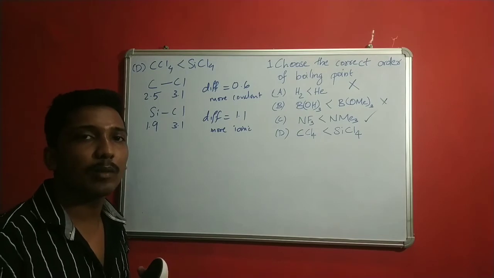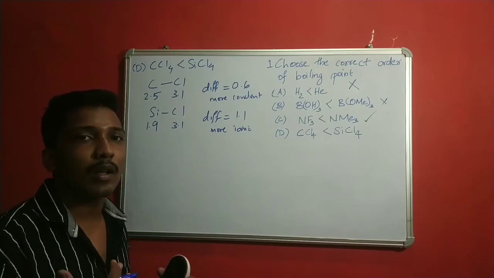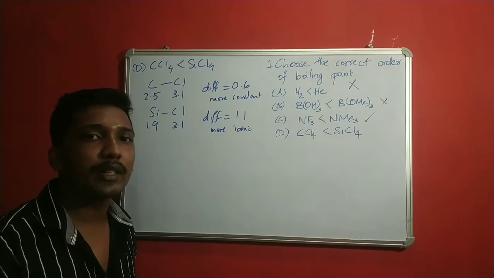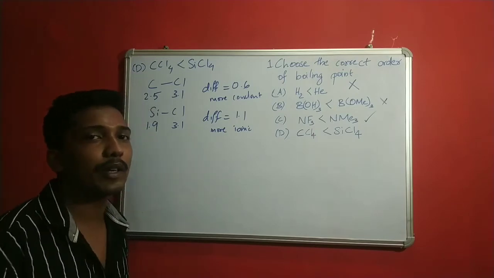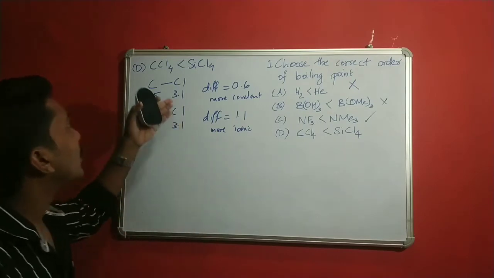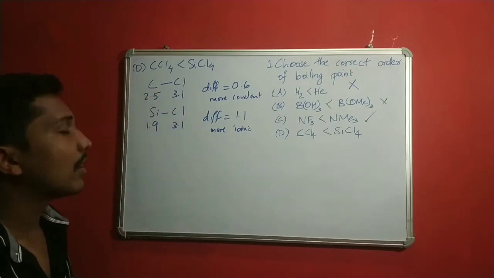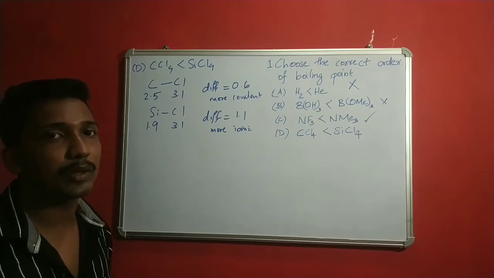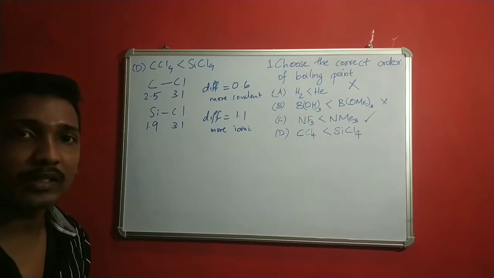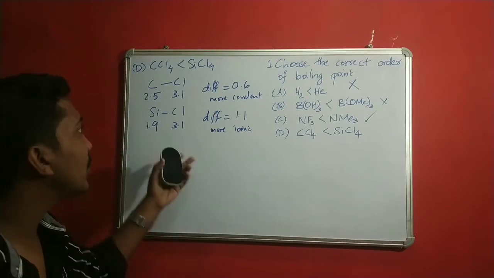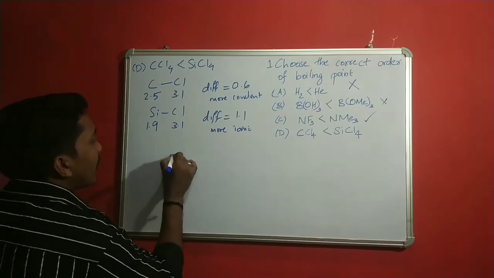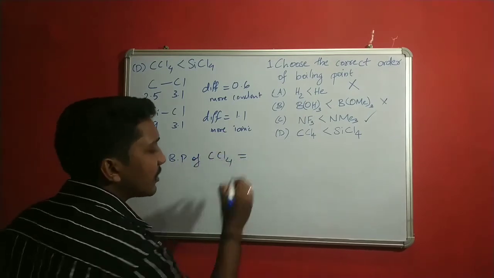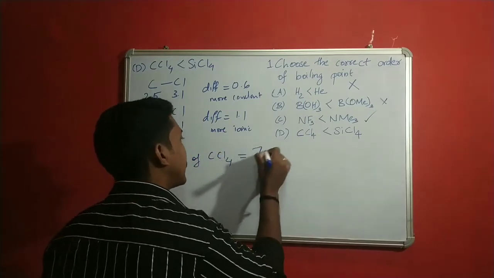That means the molecule will have strong electrostatic force of attraction that may give rise to a higher boiling point compared to the less electrostatic force of attraction between CCl4 molecules.